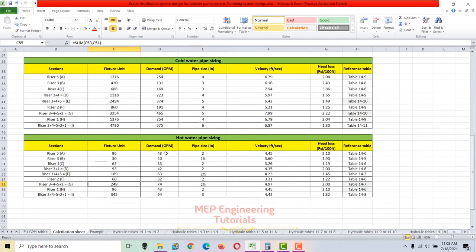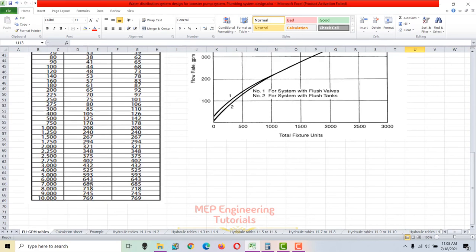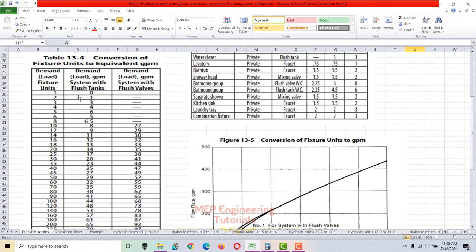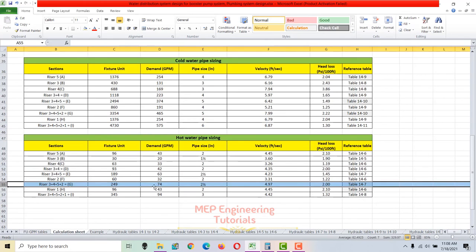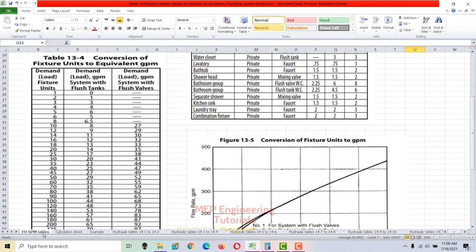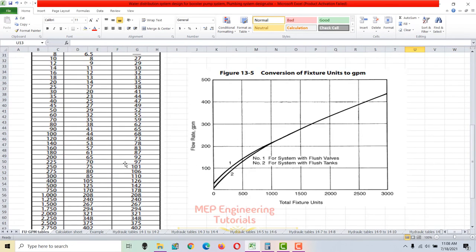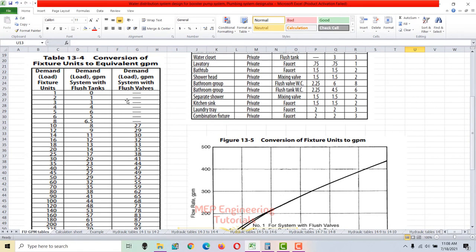Now we need to calculate the GPM for this hot water supply pipe sizing. So how will we get the GPM for this one? Same as before, we have to use the 13-4 table to get the GPM. This table we have to use for fixture unit to GPM. So fixture units over here are 249. This is for the flush tank, this is for the flush valves.